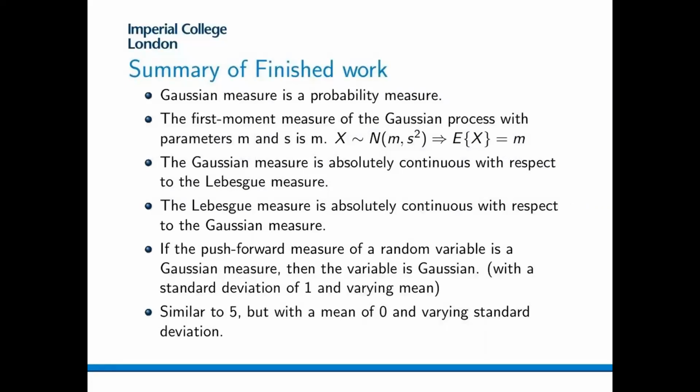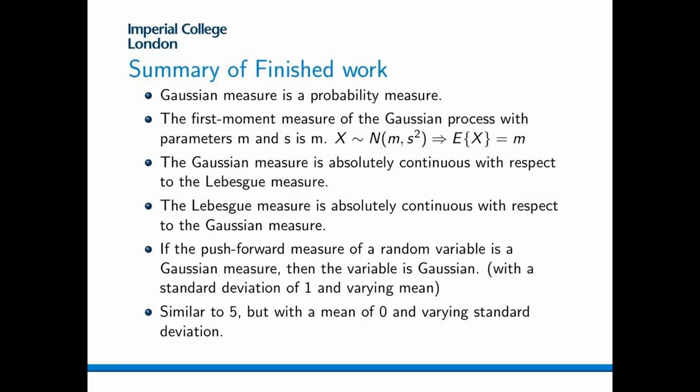So here's the summary of our finished work during the summer. Here are the 6 results that we have successfully proved in Lean during the summer. The first one is that the Gaussian measure is a probability measure, which is quite simple in math. The second one is that the first moment of the Gaussian process with parameters mean m and standard deviation s is m.